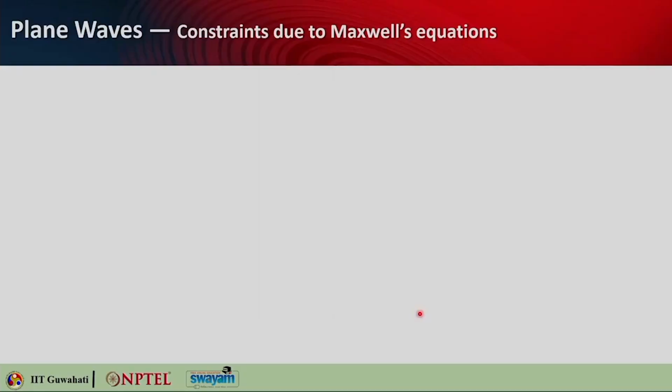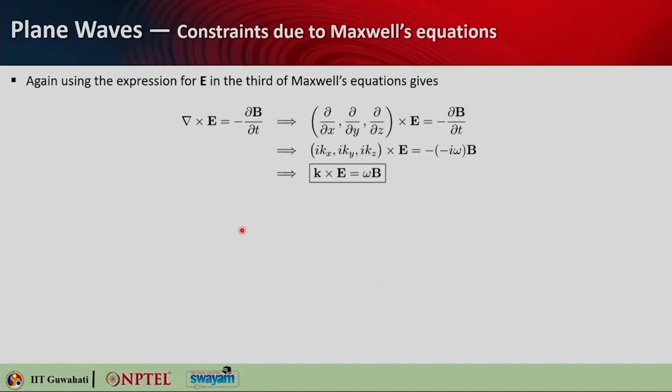We are saying B is also the magnetic field because B is equal to mu H. B is particularly the magnetic flux density, but this also tells you the direction of the magnetic field. Now here let us see the expression of E in the third Maxwell's equation.